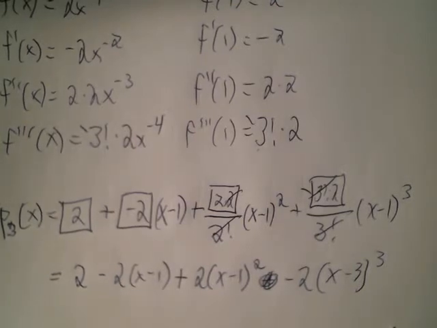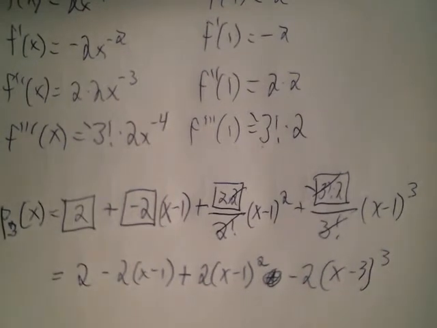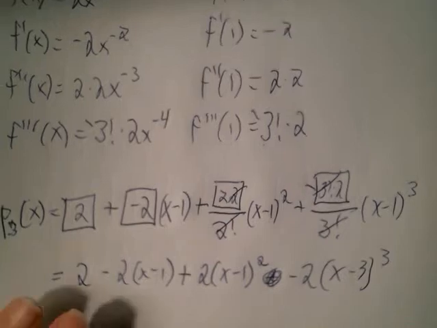So the problems are asking, how many terms do I need for the approximation to be less than this error? Or if I have 6 terms, how close is that to the actual value? Those 2 questions get kicked back and forth in the book, right?